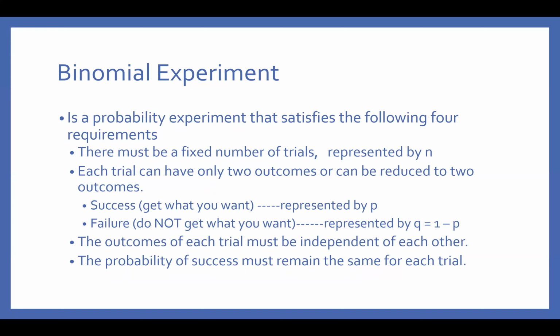Again, we think about it in terms of success and failure. Success is you get what you want, and it is represented by a lowercase p, think probability. Failure is you don't get what you want, and it's usually represented by the letter Q. And Q is equal to 1 minus P, because P is success, Q is failure. When you add the two together, it has to total to 1.